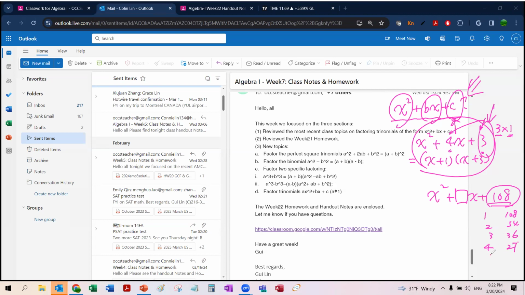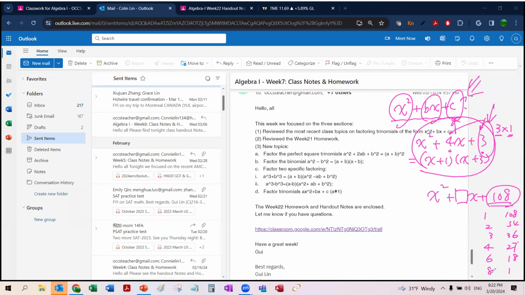And 5, 6 times 18, and 7, 8, 1. Can I divide by 8? Can you easily divide by 8? Nope. Cannot divide by 8, right?